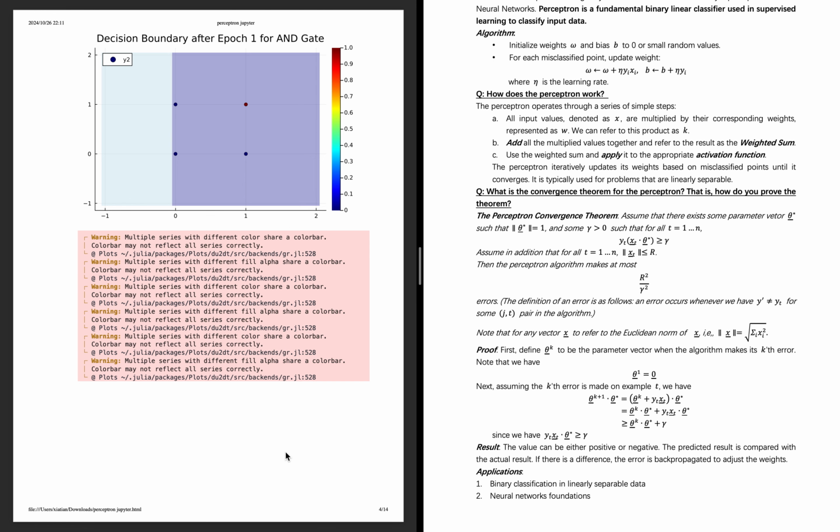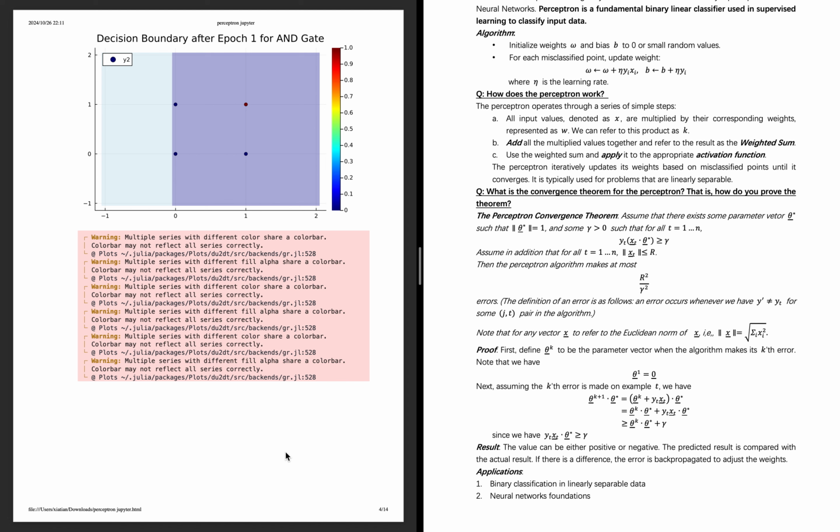Next, we'll train the perceptron on an AND gate dataset. In the AND gate, the output is only 1 if both inputs are 1. Similar to the OR gate, the perceptron starts with initial weights and bias, and updates them whenever it makes a wrong prediction. This time, we are also tracking the decision boundary after each epoch to see how it evolves during training.